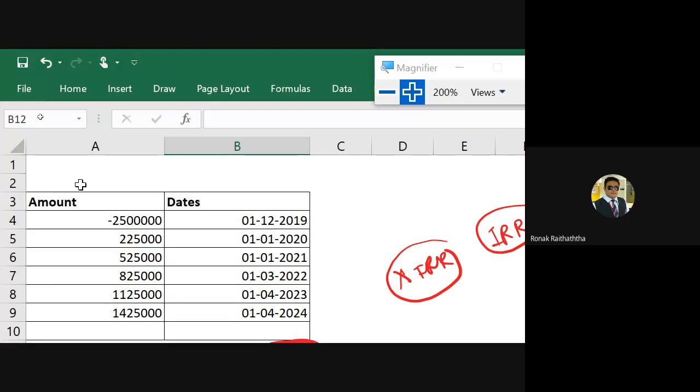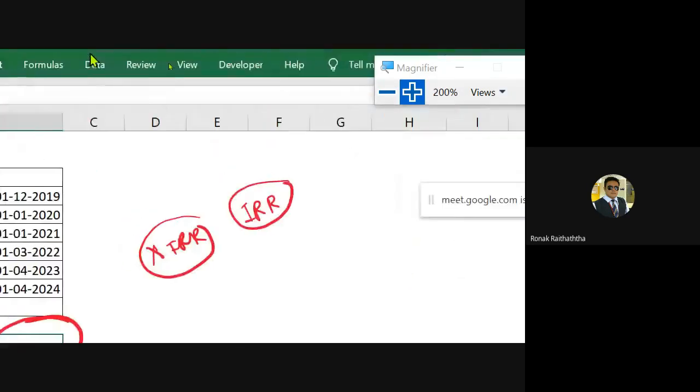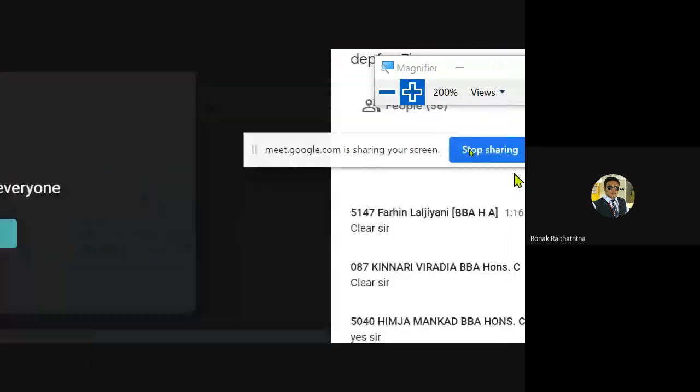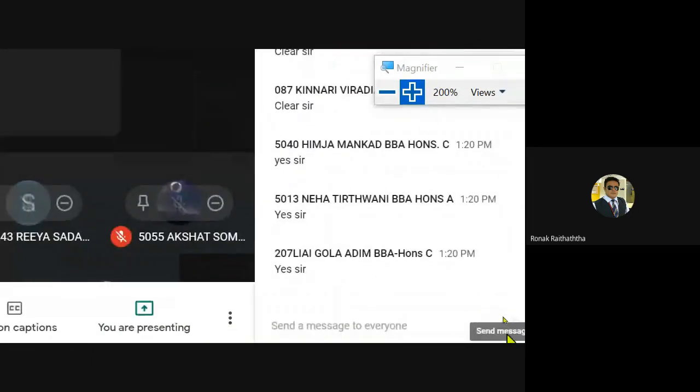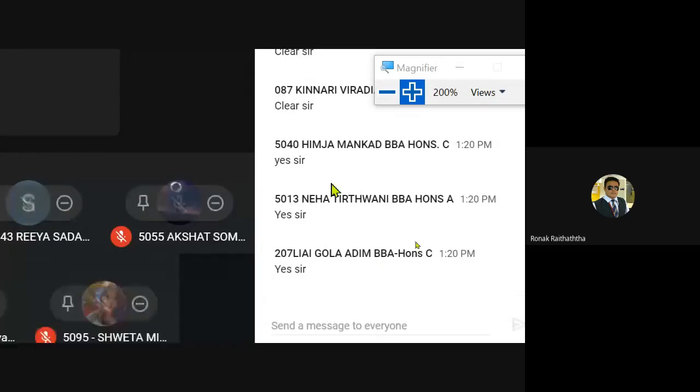Why I would be using XIRR in this case instead of IRR? Himja has said it perfectly, but if someone wants to elaborate it further. Anyone? Someone would be writing in the chat. They would be like, sir, हम तो chat में ही लिखते हैं. Okay, I don't have any problem.